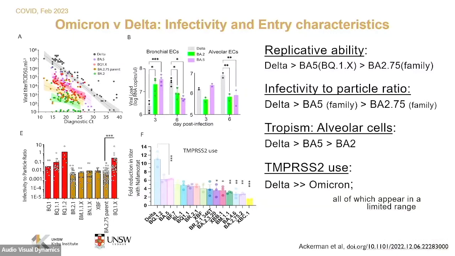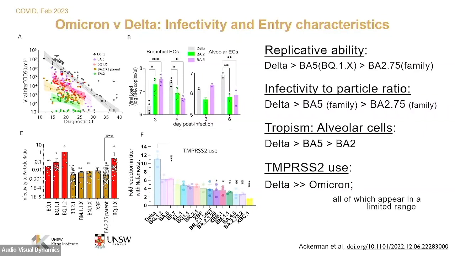You can see that Delta produces far more infective viral particles per CT value than any of the Omicron variants. In fact, the BA.5 variant is better at producing virus than the subsequent variants. That is then summarized in E with the infectivity to particle ratio.